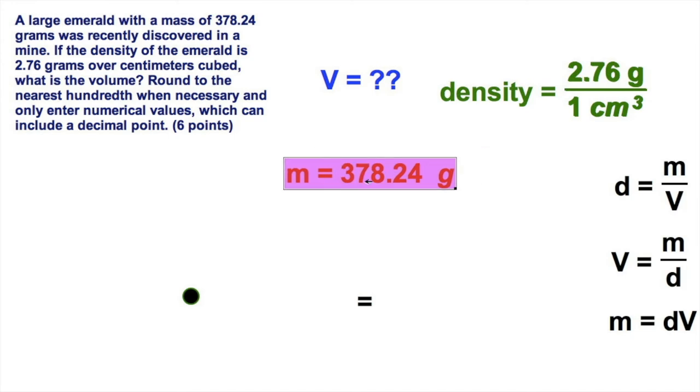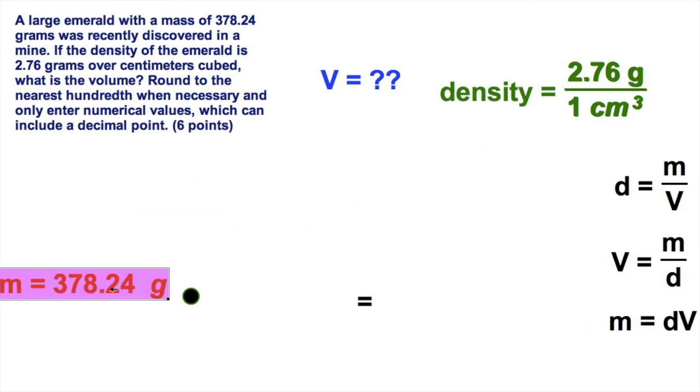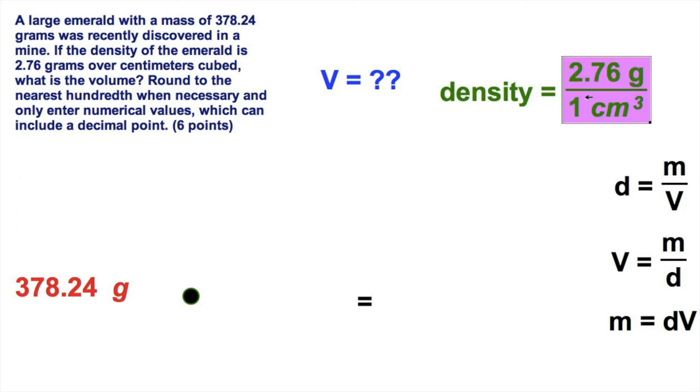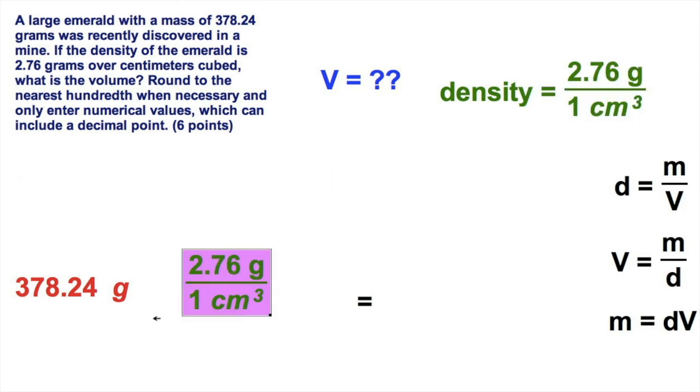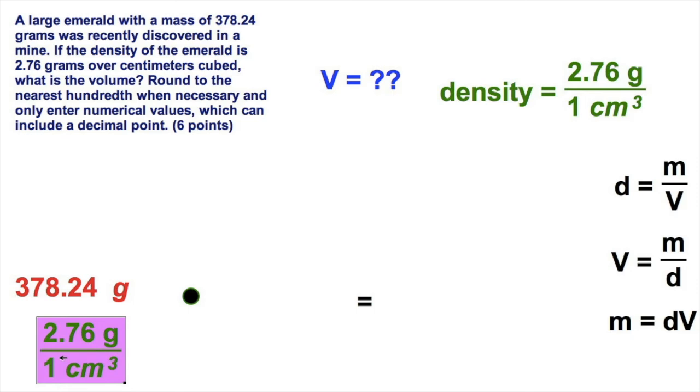That sounds silly. But if I take the mass, this 378.24 grams, I want to get rid of that equal sign there. And I'm going to divide by density. Now, dividing by density looks weird.